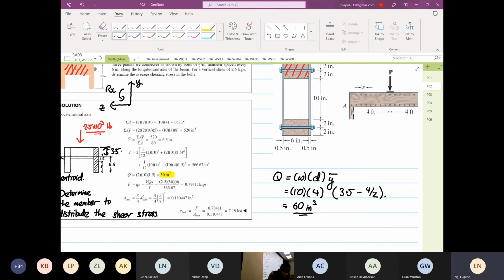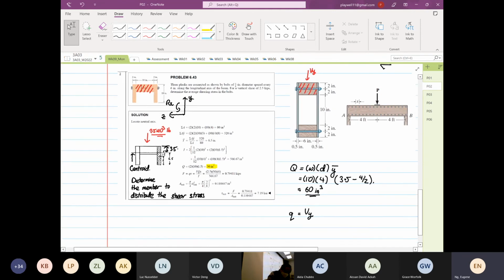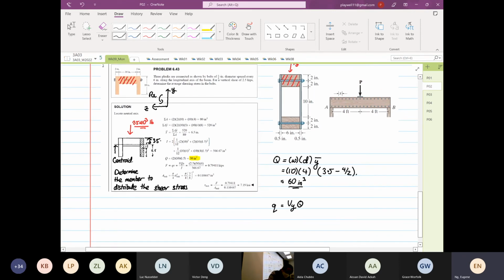So the next thing we're going to calculate is the shear flow, q. So q is equal to Vy multiplied by Q divided by Izz. Then this is equal to 2 multiplied by the resistance of the fastener divided by the spacing.